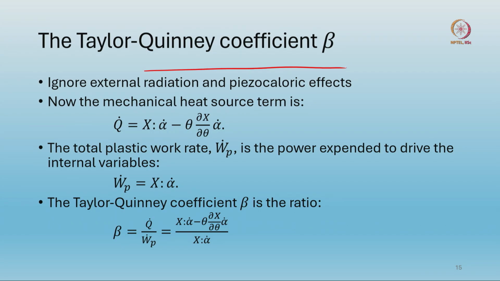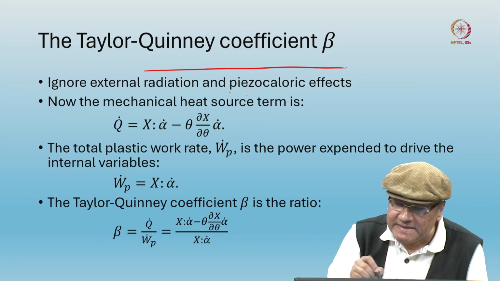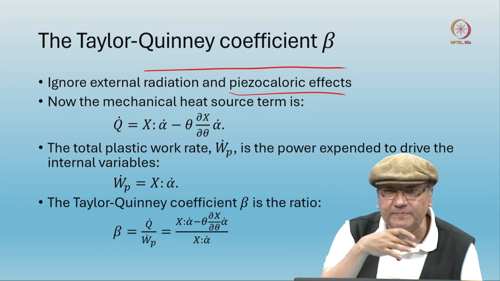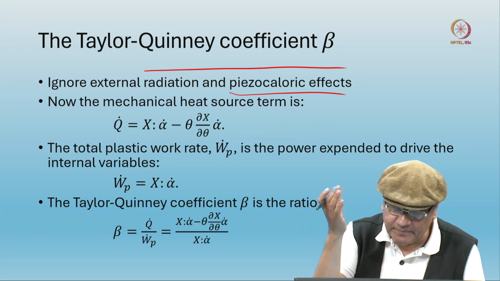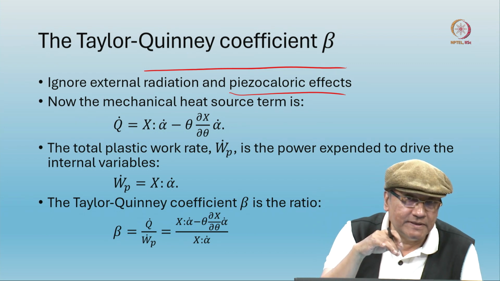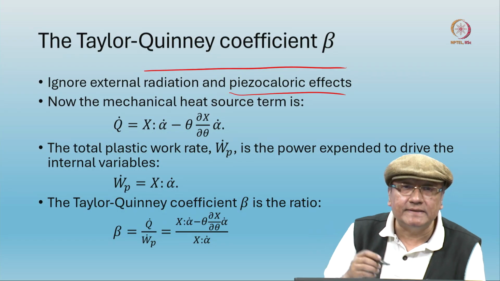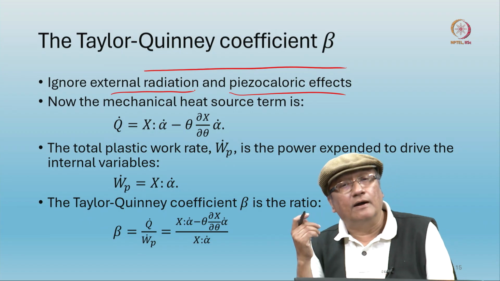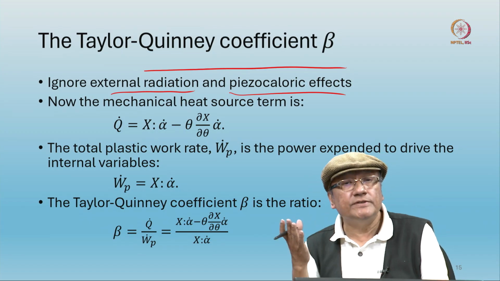As I told you some time back, the piezo-caloric effect is something that most people think is not very important. Experiments have not shown us that it is very important, in most cases. So, let us ignore that. Also ignore the external radiation, that means the heat source R. Let us say there is no heat source.